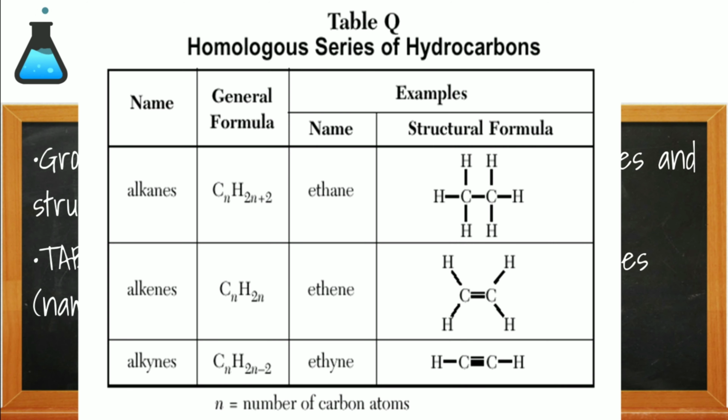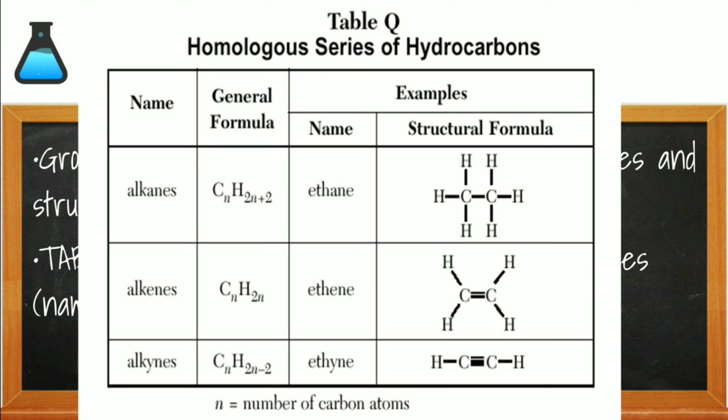So here you can see on reference table Q, there are 3 different categories within the hydrocarbon series. We have alkanes, which have single bonds between the carbons. We have alkenes, which have at least one double bond between carbons.